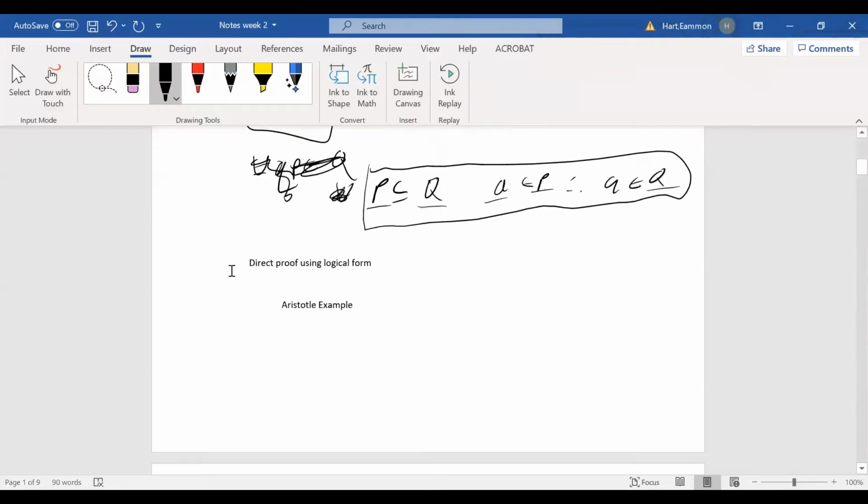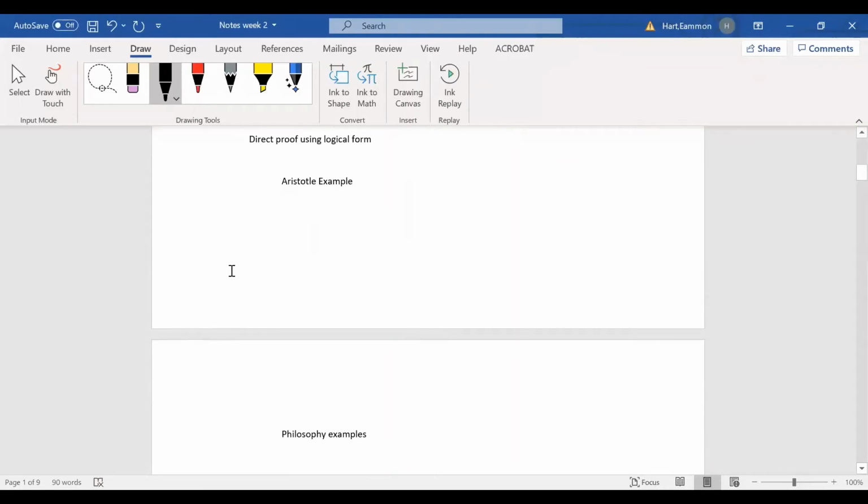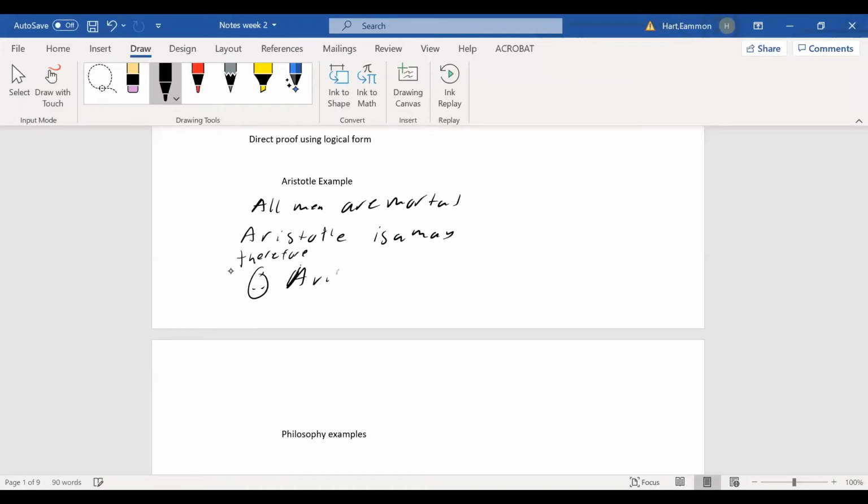So the classic example would be, like I just said, all men are mortal, Aristotle is a man, and therefore Aristotle is mortal.